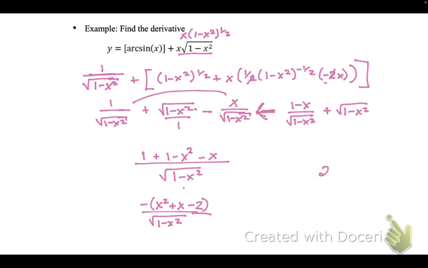They got down to 2 over the square root of 1 minus x squared. So we've got to figure out how. Well, to get it out of the denominator, we'd have to multiply by the conjugate, wouldn't we?